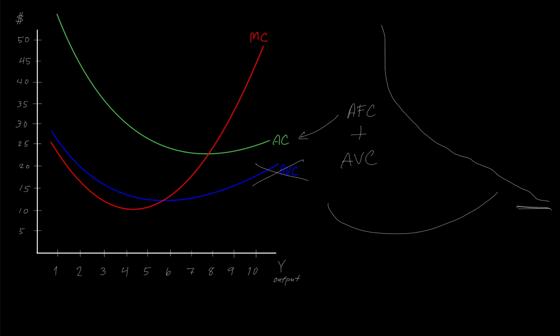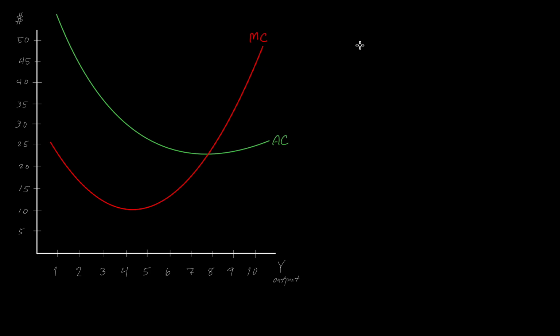So when we want to start talking about revenue and sales in the short run, we can focus primarily, if not exclusively, on the average cost curve, this green curve right here. So let's do that real quick right now. And there we go. Now we have our average cost curve, which is the total of our average fixed and average variable cost.